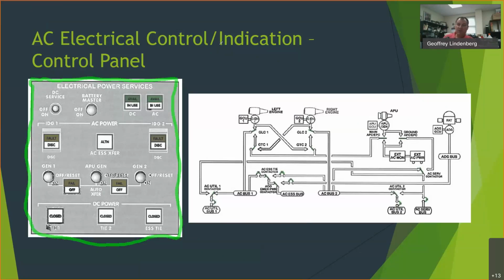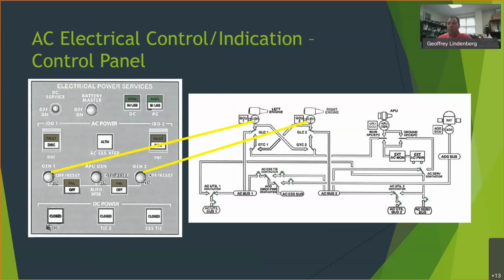Now, a lot of this stuff can be done automatically. A lot of these ties and contactors and things like that are normally managed automatically, but there are a few that can be activated manually, or can be activated manually if the automatic systems fail. So kind of comparing what's what, if we look at the switches, these are set up in a similar fashion or similar format to what's on the aircraft.